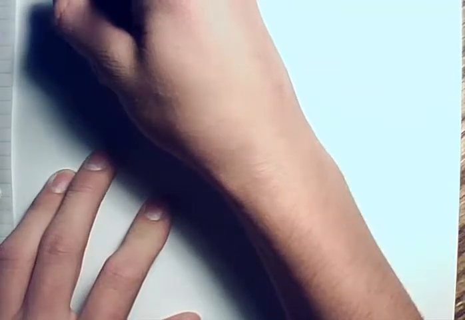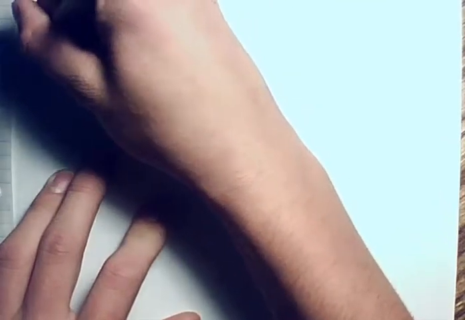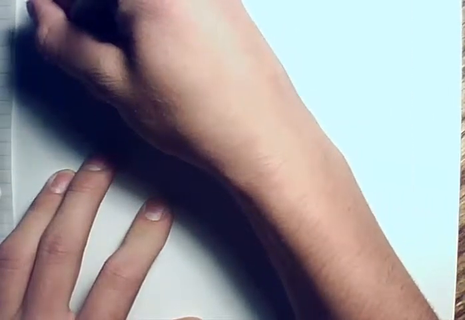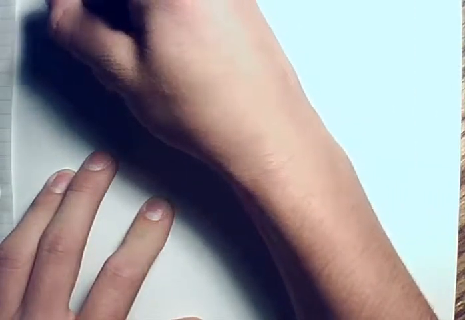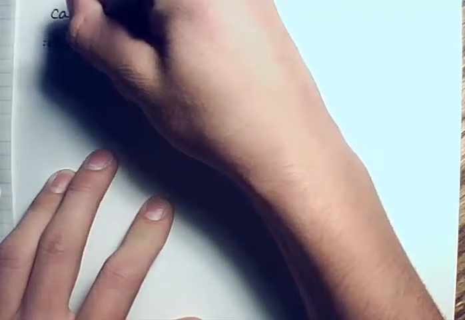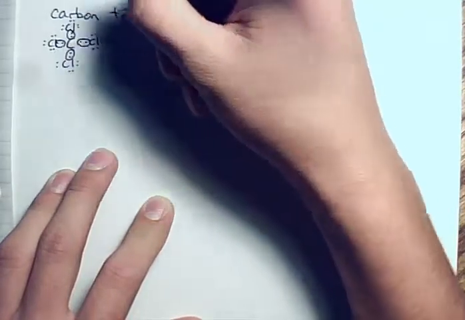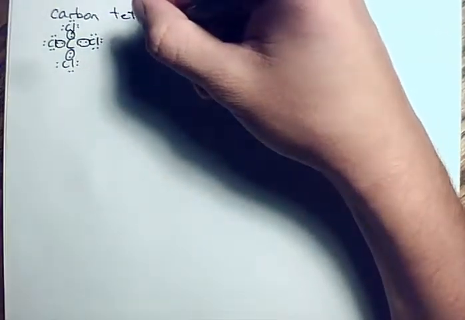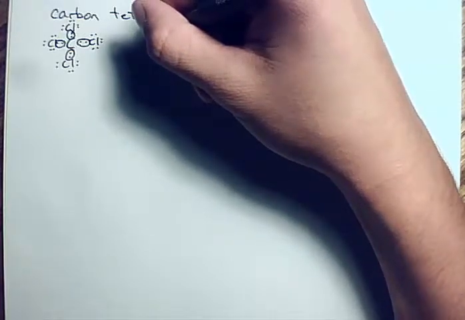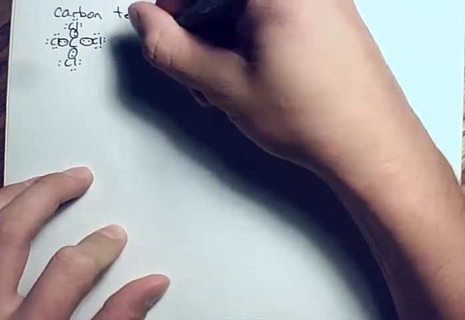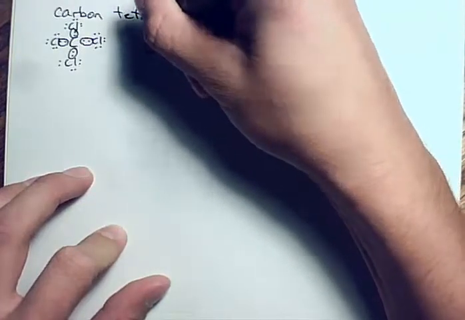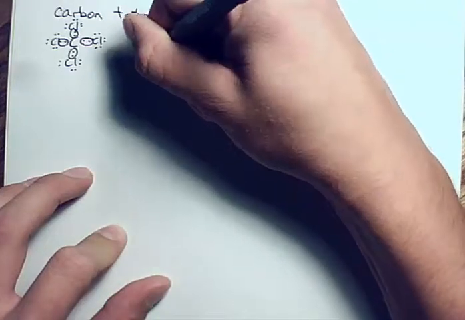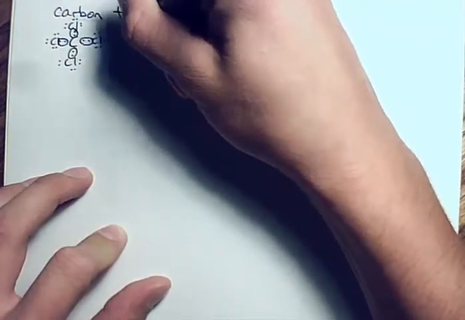We're starting out with the electron dot formulas for the carbon and all 4 chlorines. Okay, and now he's doing the sharing arrangement. So we have a sharing arrangement for carbon tetrachloride now. This is the Lewis dot formula.